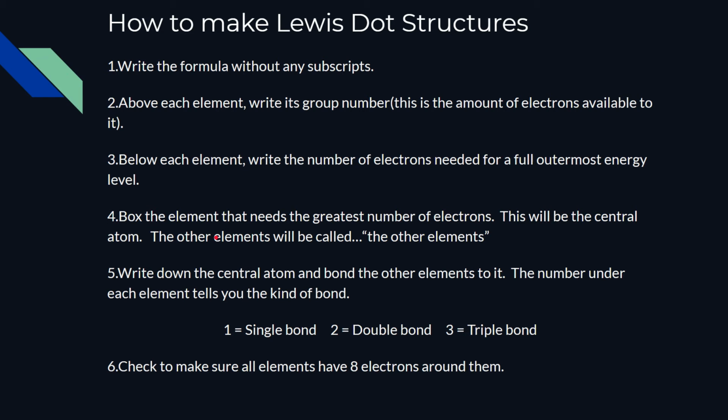The next step we're going to do is write down the central atom and bond the other elements to it. The number underneath each element tells you what kind of bond it's going to make. If you see a 1 underneath the element, it means it's going to have a single bond.